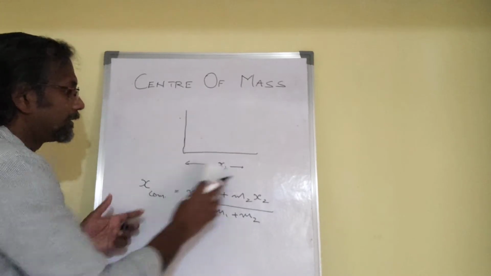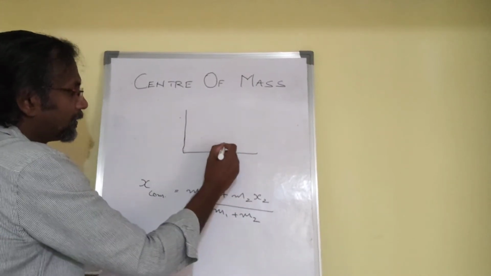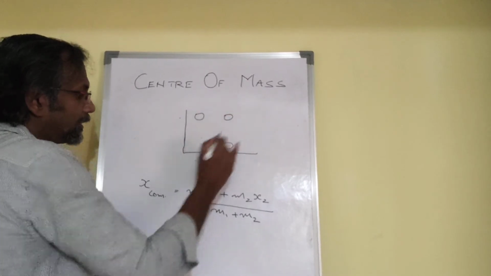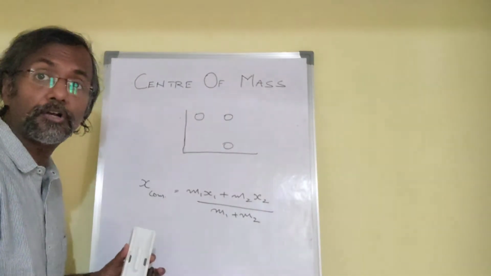I extend this idea and say I have three bodies, let's say M1, M2, M3, and I would find the coordinates.